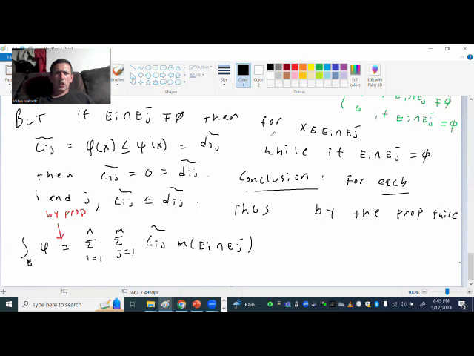But we just proved that for each i and j, this is true. So trivially, this is less than or equal to the following. It's the exact same sum, just replacing c_ij tilde with d_ij tilde.